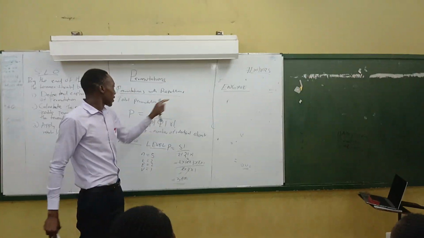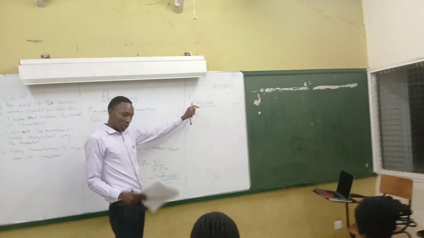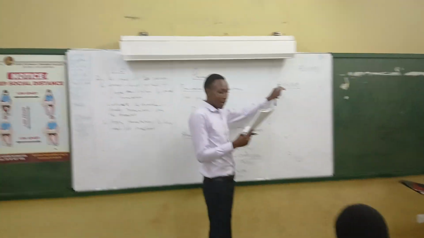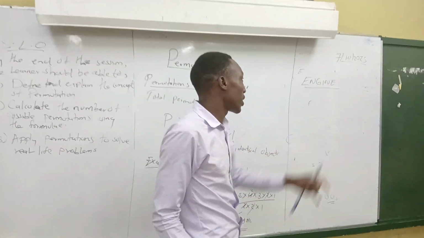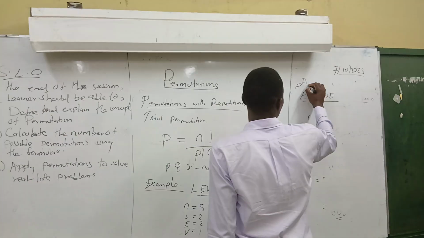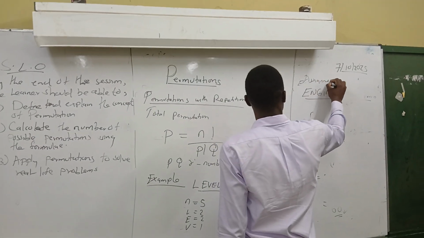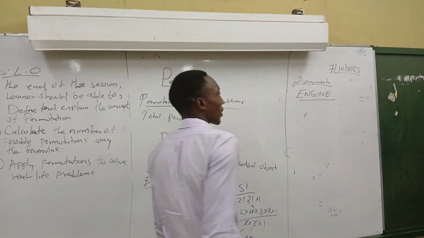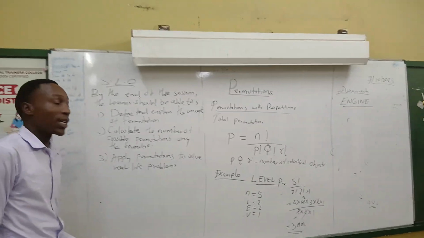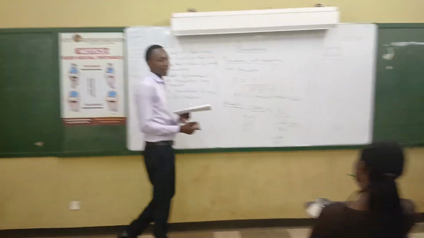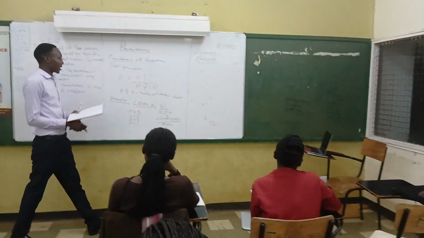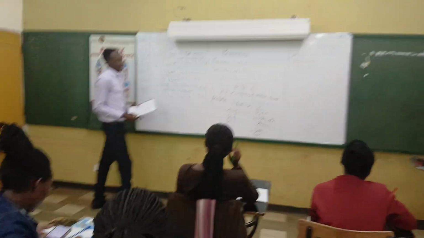You use the formula to calculate the number of ways the letters in this word can be arranged. This will be your assignment. In our next class, we are going to look at the number of ways those letters can be arranged. And that is all for today.